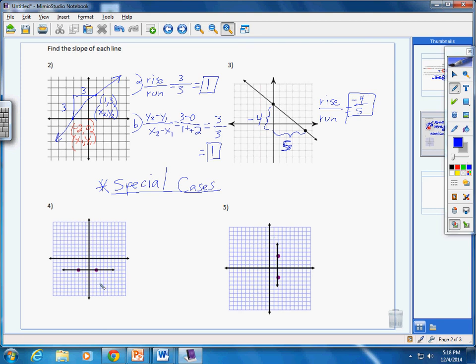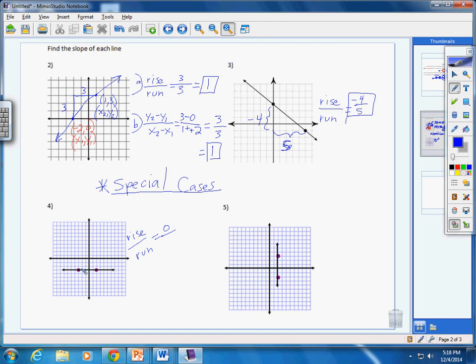So for number 4, if we go by our counting method, let's do the same thing. To find the slope, we must do rise divided by run. Let's start on the left point. What is our rise? We're actually not rising at all, so we're just staying still. Our rise is 0.